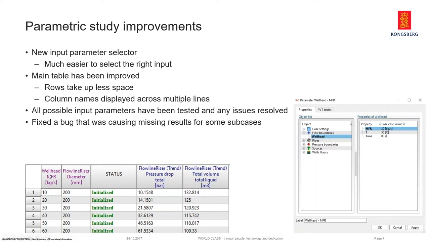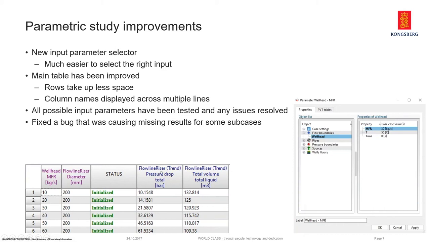The second thing we've changed is we've cleaned up the parametric table as well. The rows here take up less space, so it's a bit more compact for large parametric studies. And the column headers are now divided over multiple lines.